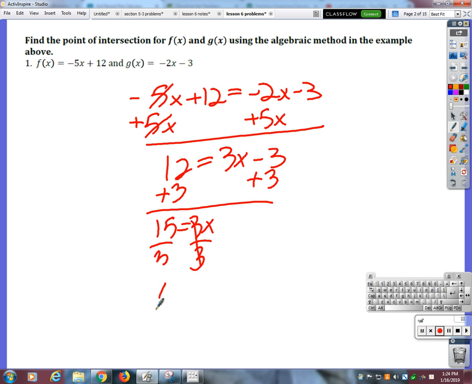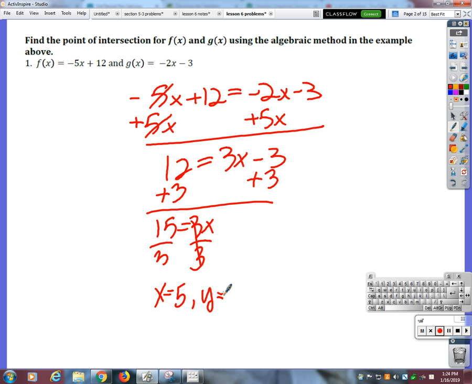Exactly. So Matthew says x equals 5. Louise points out, well, that's only one number, because that's what x is. So then we have to put that in to figure out what the other number is. Plug it into either one of these two functions.